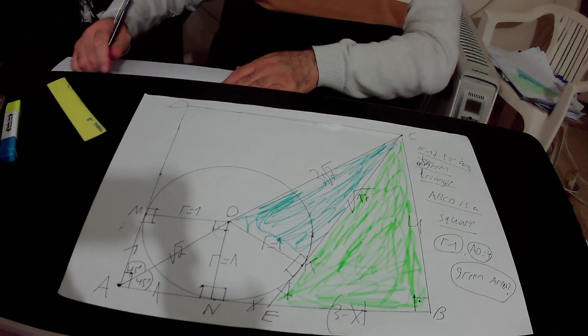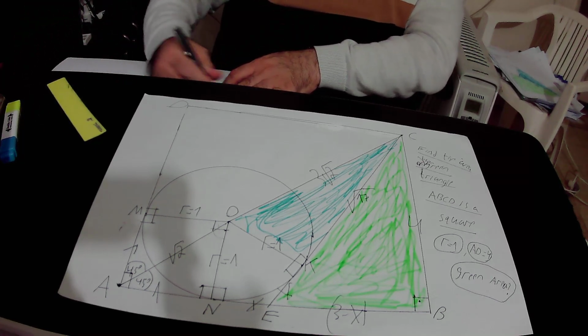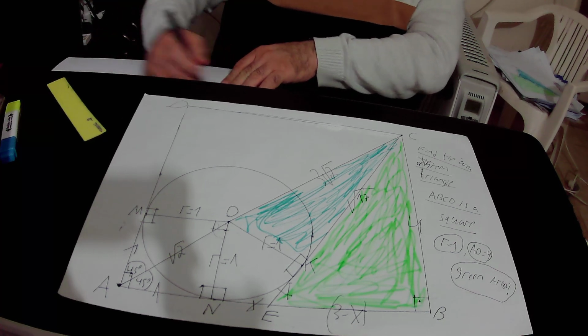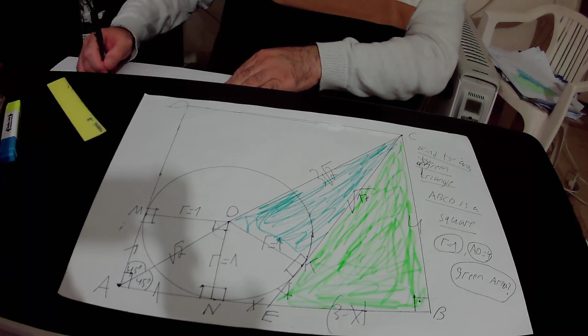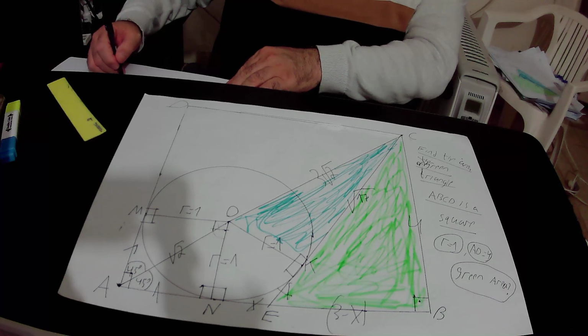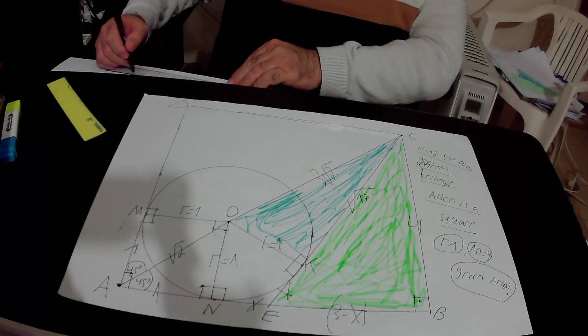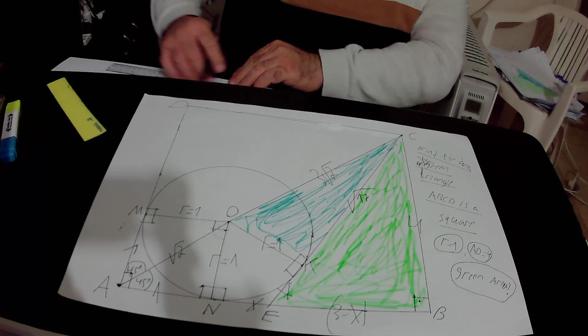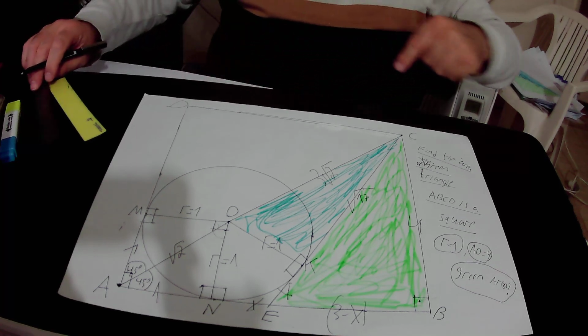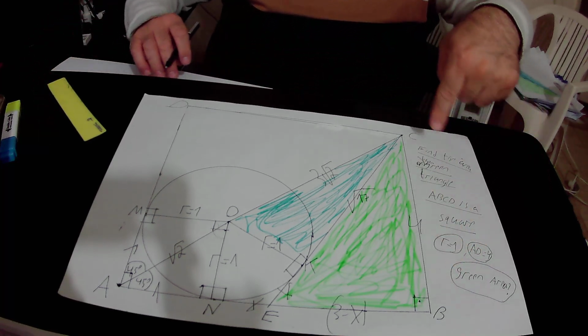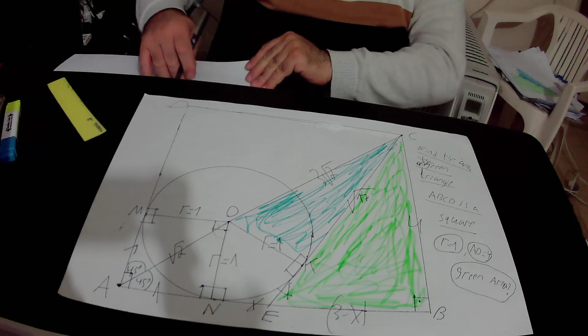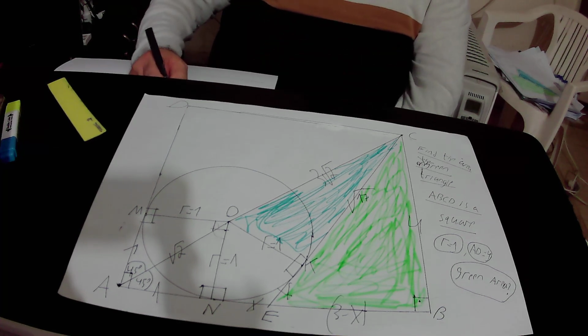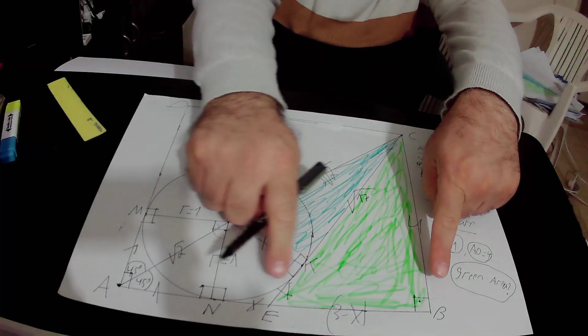And it equals the sum of the squares of the perpendiculars, that is to say, CB squared plus EB squared.